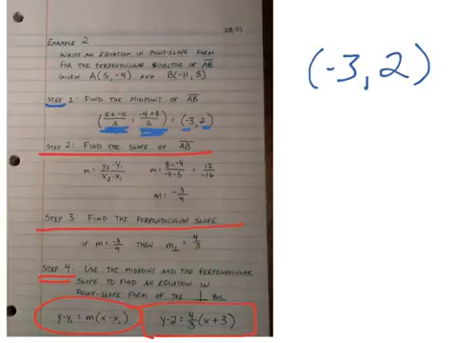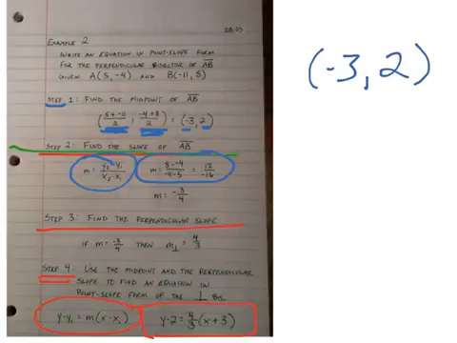Next, we need to find the slope of line segment AB. And we have our slope formula here: y2 minus y1 divided by x2 minus x1, or rise over run. And I've worked that out. And as we reduce it, we get a slope of negative 3/4.